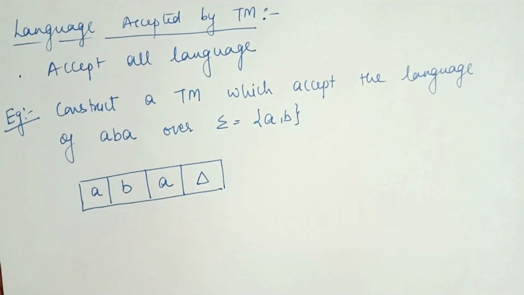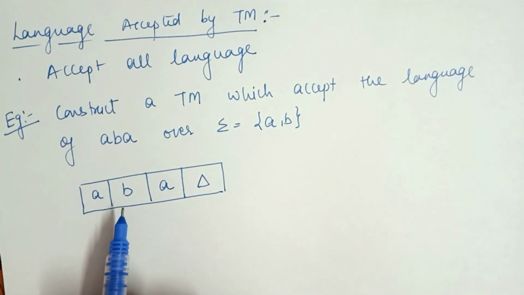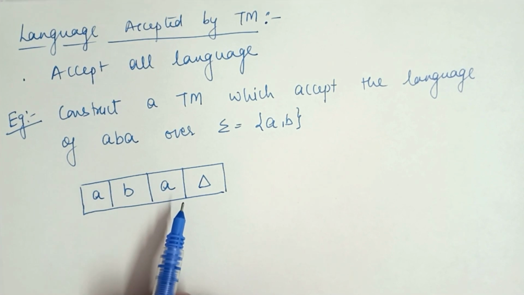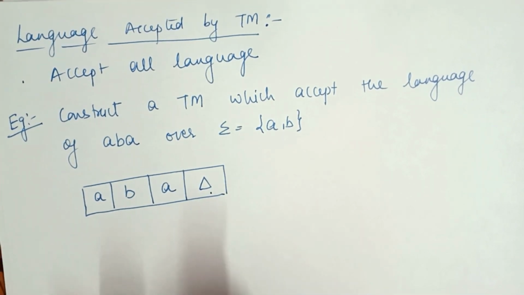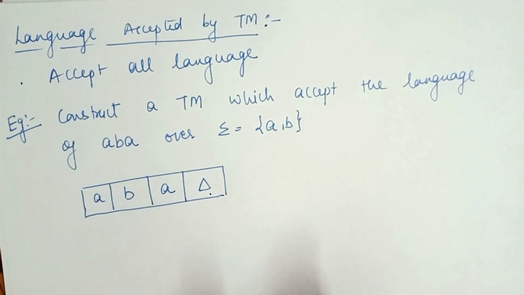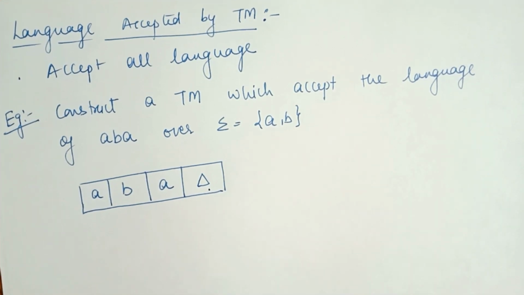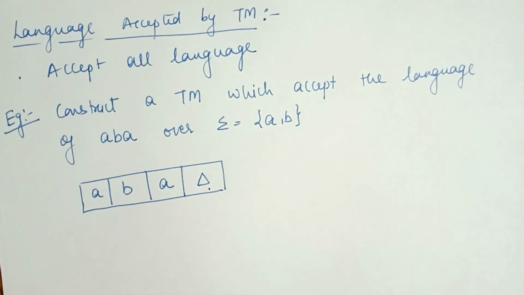Now the tape head will read the sequence up to the delta character, and if the tape head reads the ABA string, then the Turing machine will halt after reading delta. So now we will see how the Turing machine works.